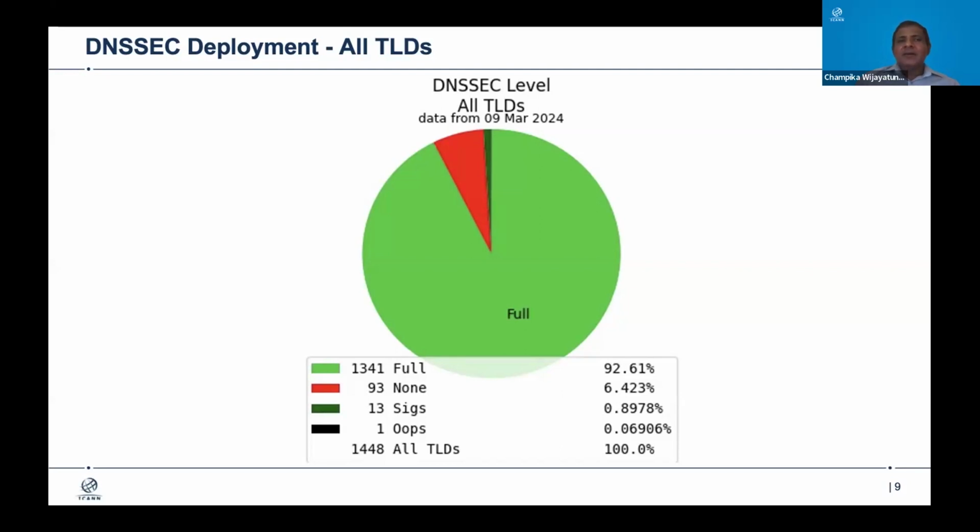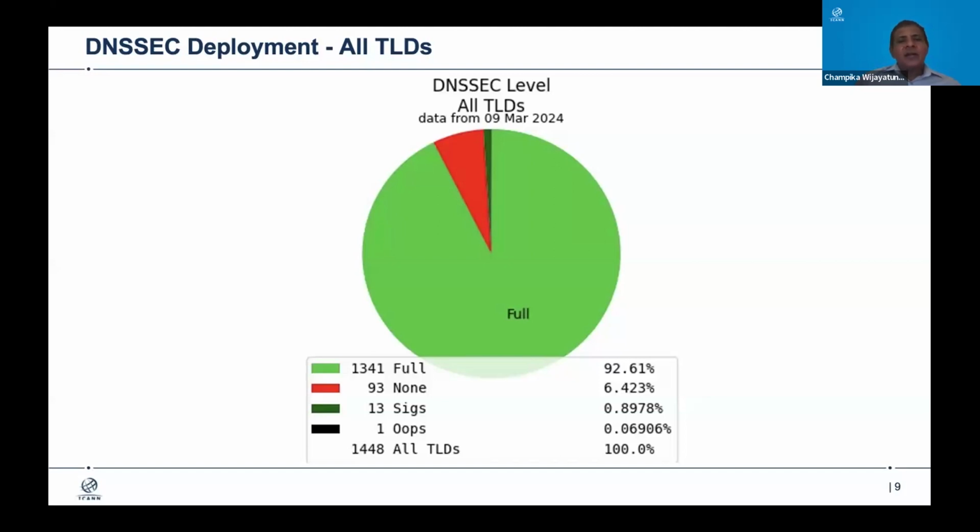Because they are contracted parties, in this contract, deploying DNSSEC is a requirement. So all the generic top level domains are in the green area in this pie chart, okay? Because they have to do it. But the country code top level domains don't have contracts with ICANN because they are sovereign countries and so on.